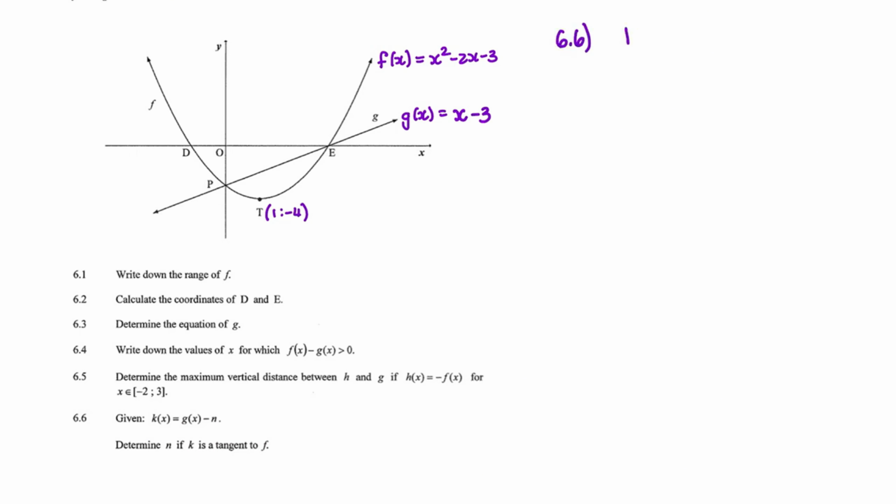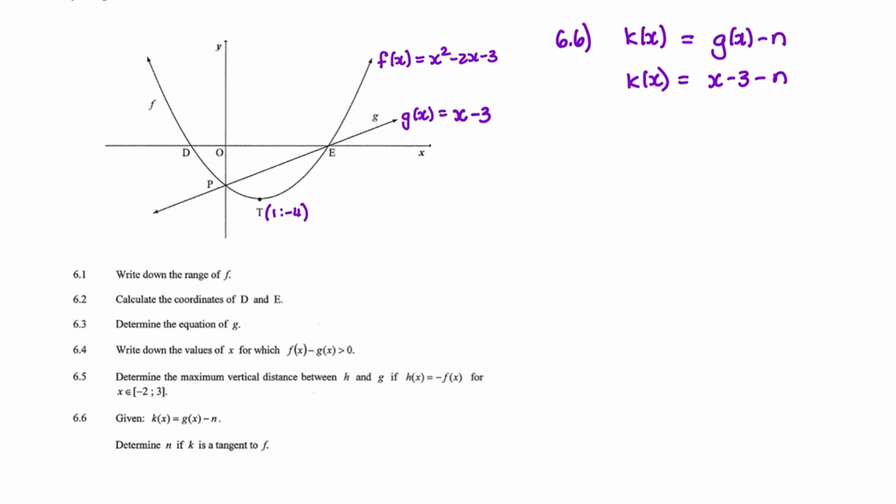So we know that k(x) is equal to g(x) minus n, and the equation of g(x) is equal to x minus 3. So therefore, the function of k(x) is equal to x minus 3 minus n.